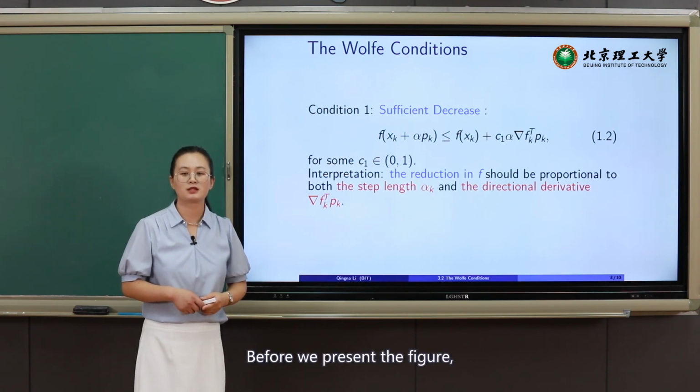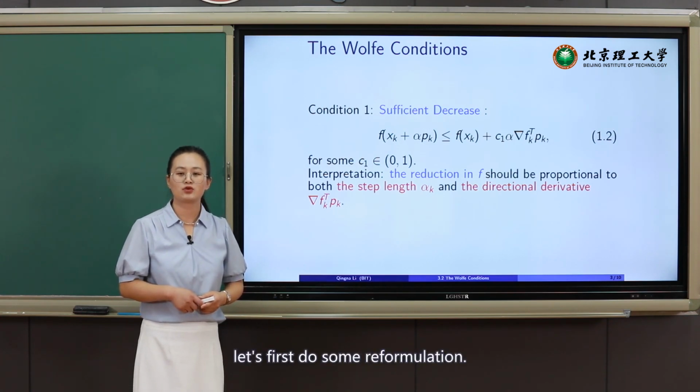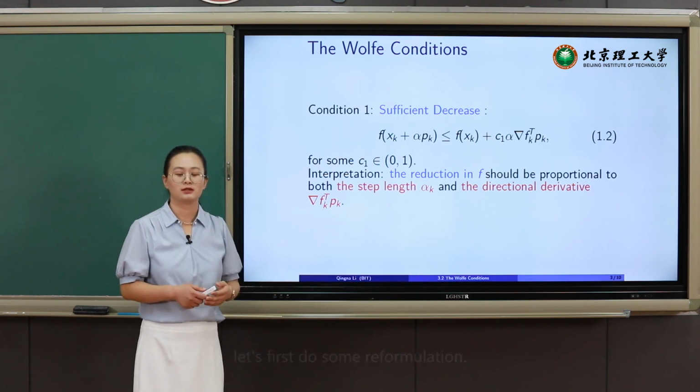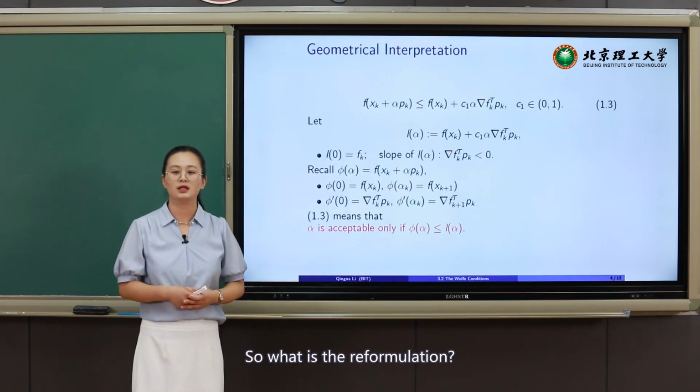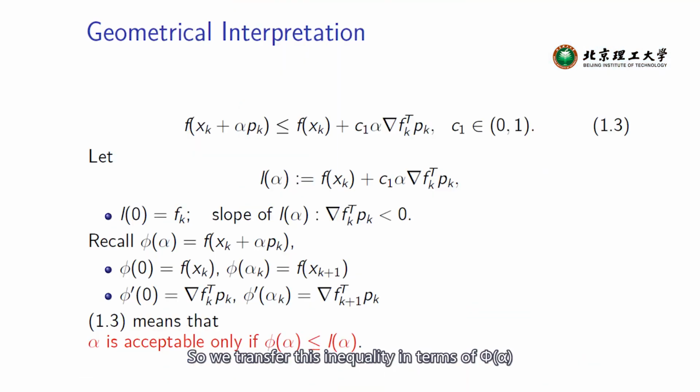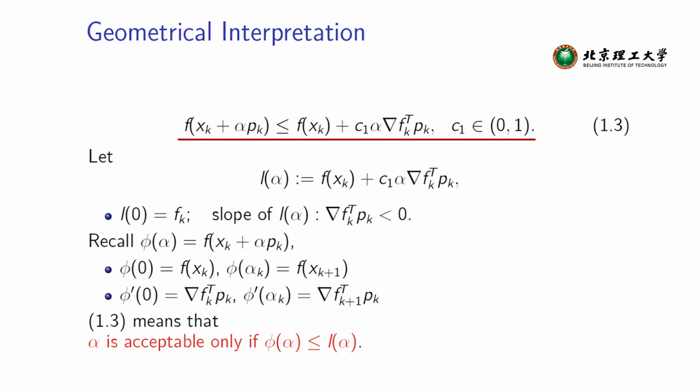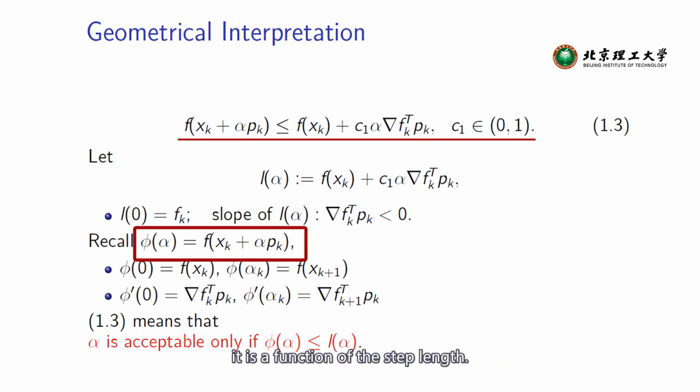Before we present the figure, let's first do some reformulation. We transfer this inequality in terms of phi(alpha) as well as a line. Let's recall that phi(alpha) is a function of the step length.